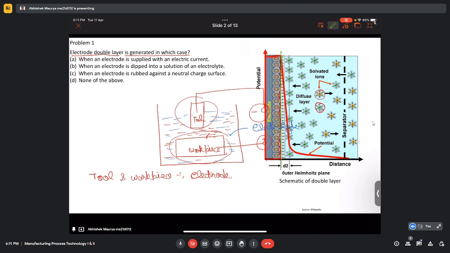So we have an electrode carrying positive charge. It is dipped into the electrolyte, and the electrolyte has both kinds of ions, positive and negative.